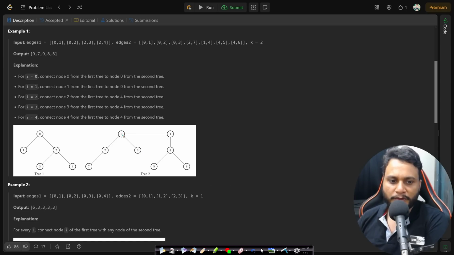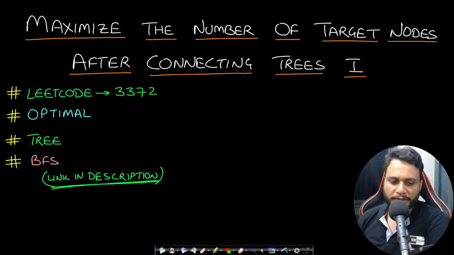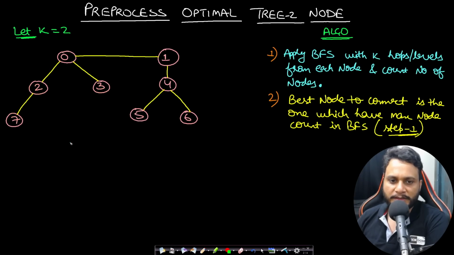Now let me show you how to find the best count in tree 2, how to do that pre-processing. In this case, I have taken tree 2 and my k value is equal to 2. In order to find the best possible coverage from a node, you have to apply BFS from that node, right? Initially I do not know which node will give me the best coverage, so I will have to apply BFS from all the nodes.